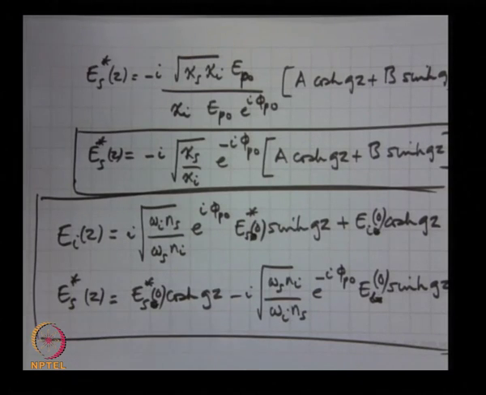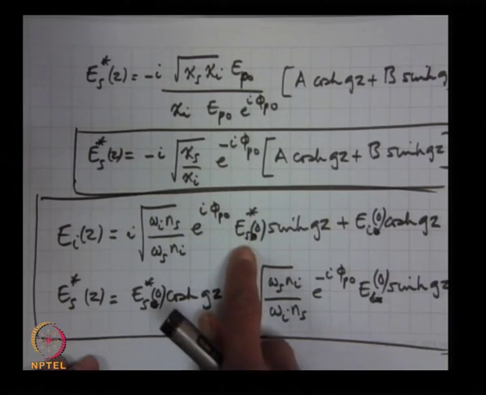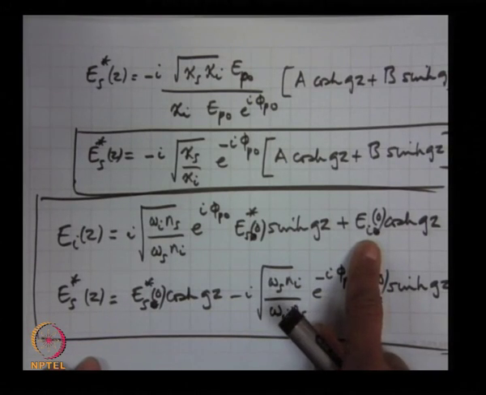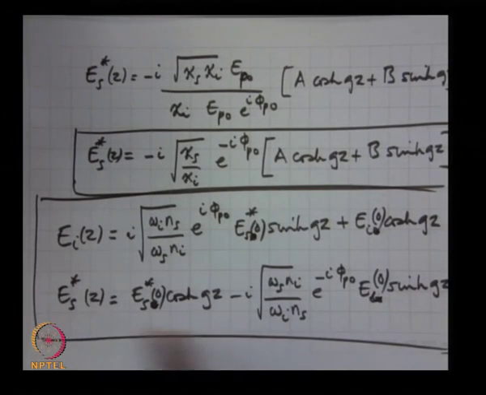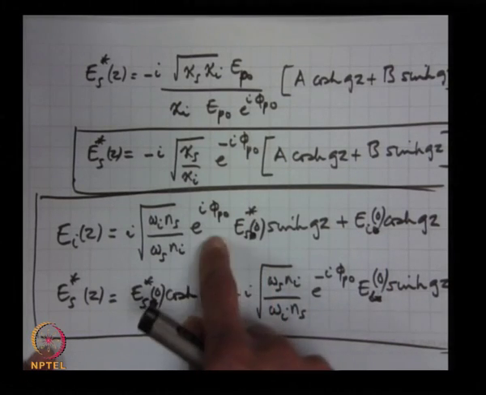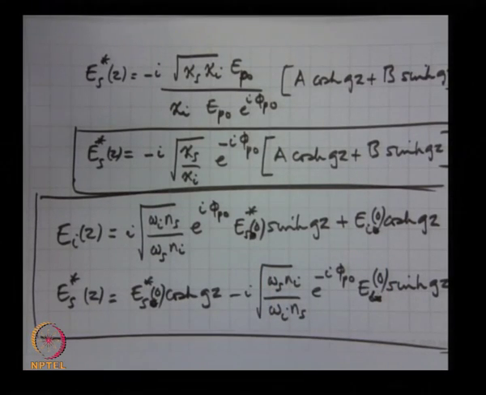So it all depends on the phase here, which is coming from the pump, and the idler phase from here. So what I will show you in the next class is, depending on the phase at which the idler, signal and the pump are incident, Es and Ei will increase with z or decrease with z.